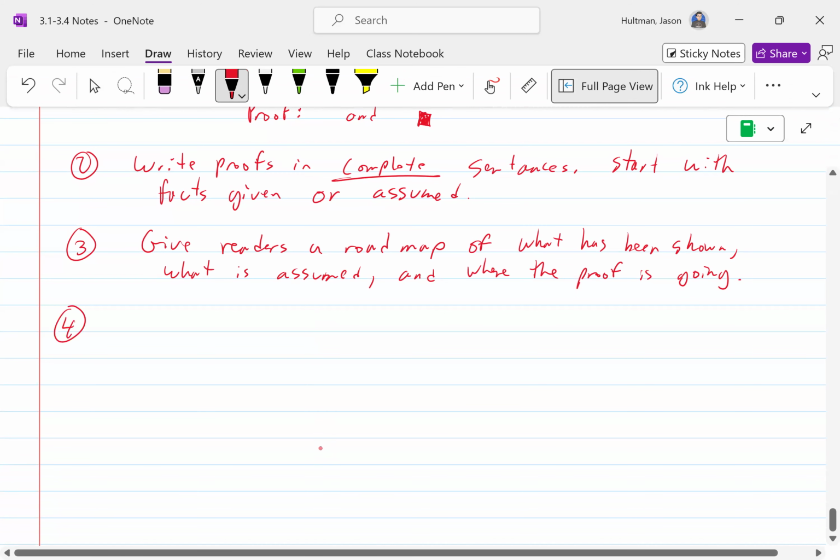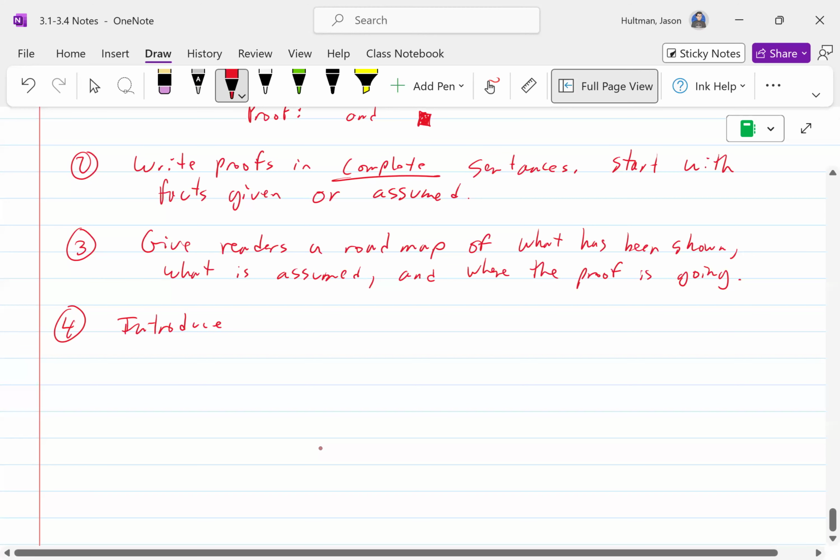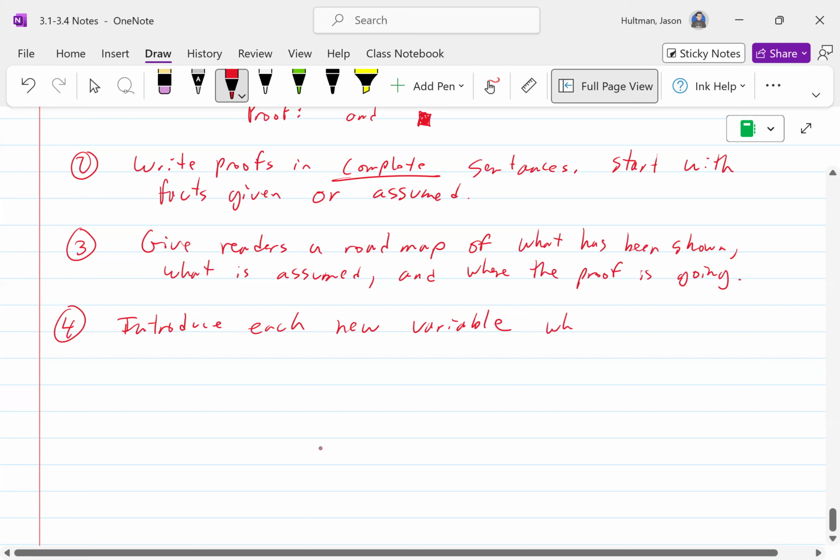Number four, introduce each new variable when the variable is used for the first time.